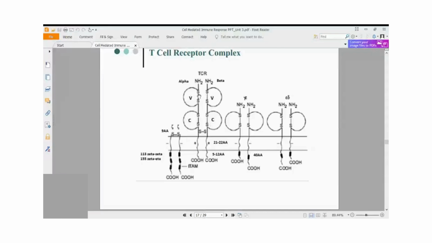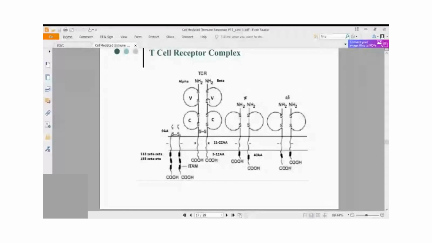So the first formed T cell receptor on the T cell, that is during the maturation process in the thymus, will establish the contact with the self antigen presented by the thymic epithelial cell.